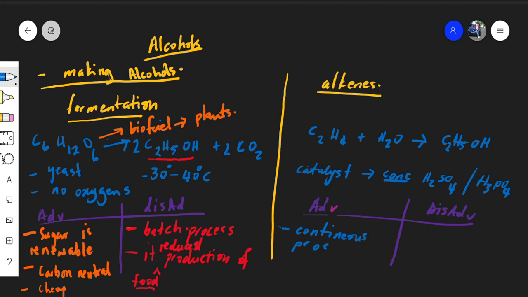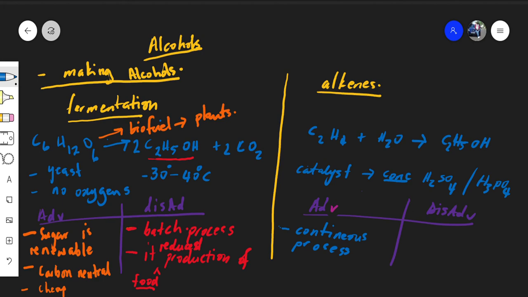Which is actually the opposite of a batch process, where you stop. But with this one, you continually produce this without even stopping the process. It just goes on and on, and there's no stopping of this process. And that is a very big advantage.